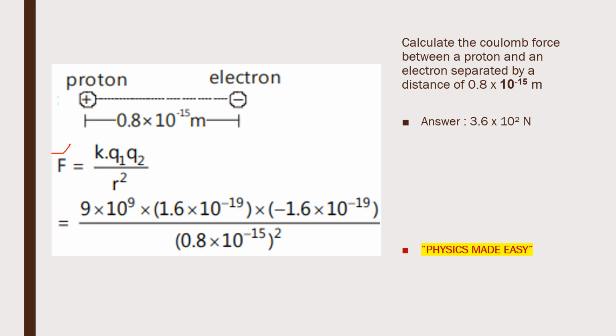Here Q1 represents the proton, Q2 represents the electron. Both have the same magnitude of charge, but their nature is opposite. Electron is denoted by the negative sign, and they are divided by the distance, that is 0.8 into 10 raised to power minus 15, whole square. After doing the calculation, we get the force as 3.6 into 10 raised to power 2 Newton.